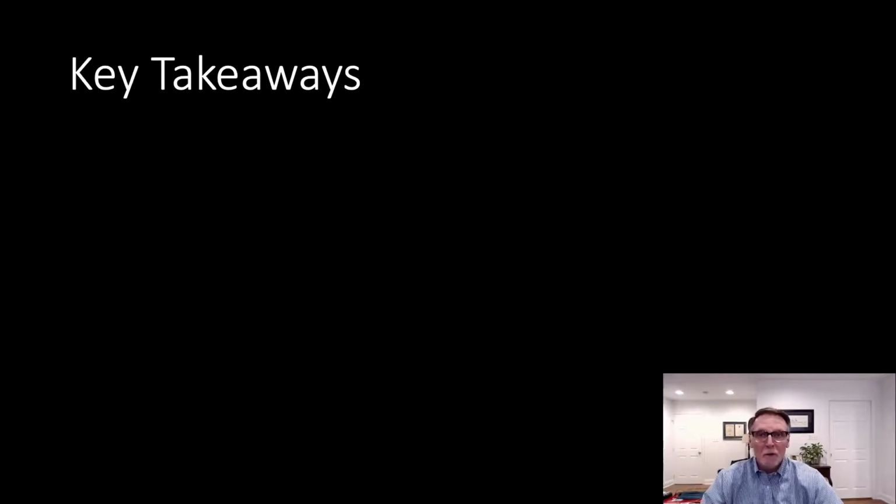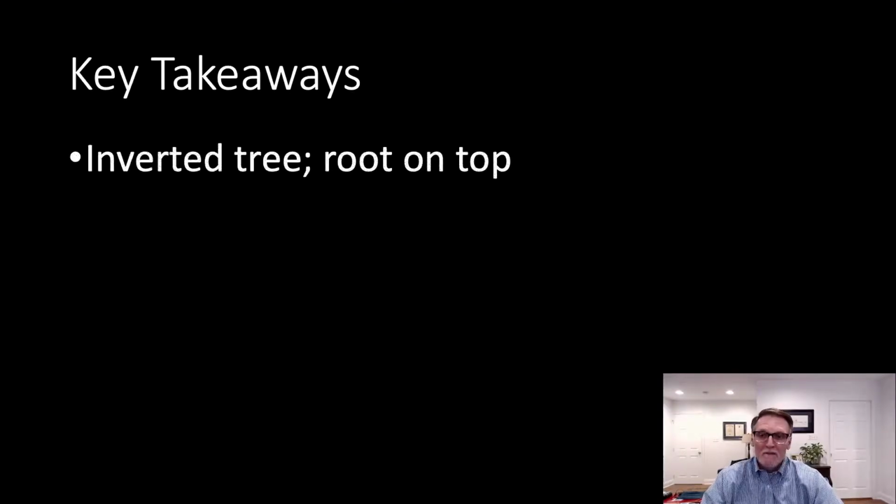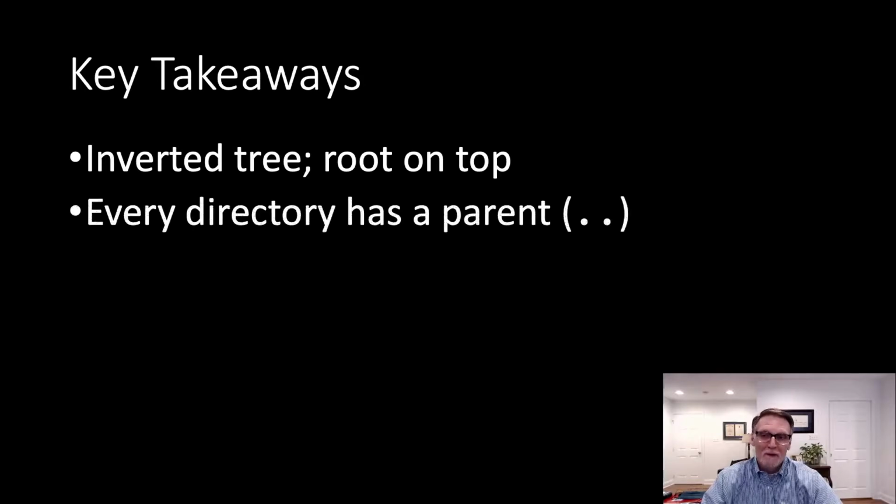So here are some key takeaways from this short video. The file system inside of a Linux computer is like an inverted tree. We call the top of the tree the root, and the branches and leaves grow down from there. Every directory in the file system, with the exception of root, has a parent, and we can represent that parent from wherever we are using .. To change from one directory to another in the file system, we use the cd command, which is shorthand for change directory.